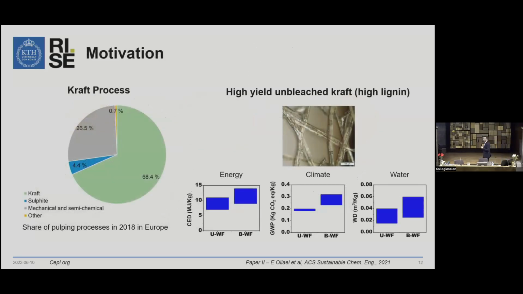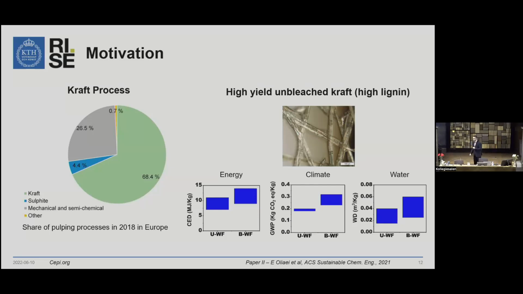And about the motivation behind this work, so we were interested in kraft pulps. As you can see in this figure, almost 70% of the pulping processes in Europe include a kraft process. And recently, a high-yield unbleached kraft pulp is gaining interest.